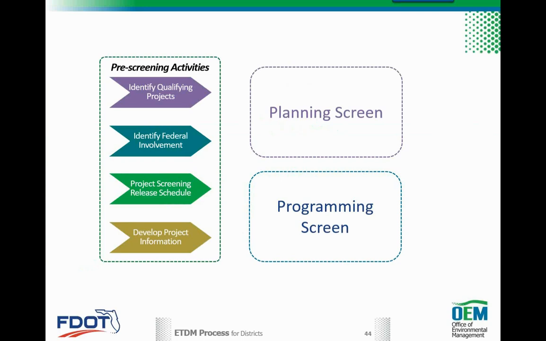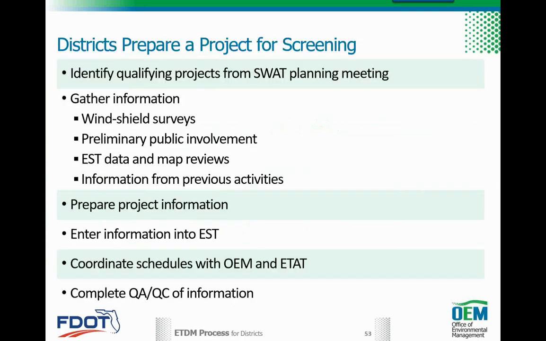That project information are things like the purpose and need, the project description, planning information, all the financial information, all those things that go into the development of information that will be shared through these screening events and accessible by the ETAT and the public and everybody else. It's the development of those preliminary environmental discussions where we do that initial assessment for things, and these activities are the same whether we're going through a planning screen or a programming screen. And so that's an important point, is that pre-screening review will always do that.